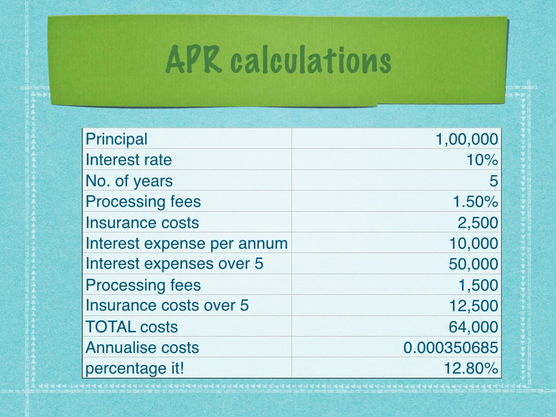So now we have to calculate per day what is the cost. For that, we have to calculate per year. There are 365 days. So for 5 years, the expenditure is 64,000 divided by 1 lakh, and that is then divided by 365 multiplied by 5. That we get as 0.000350685.